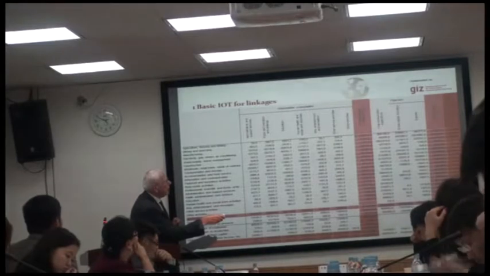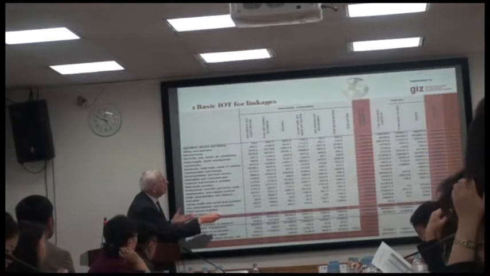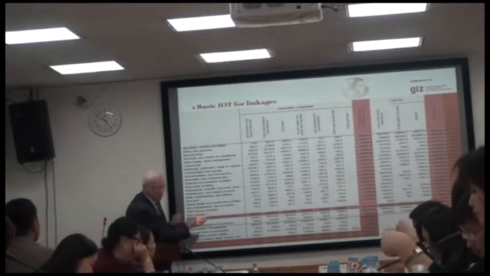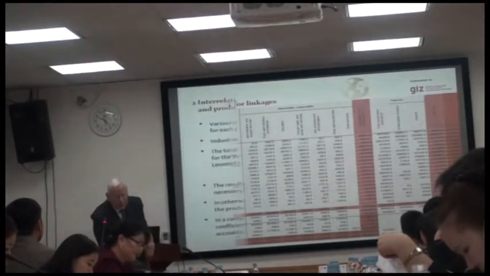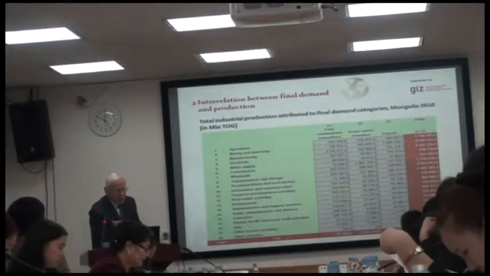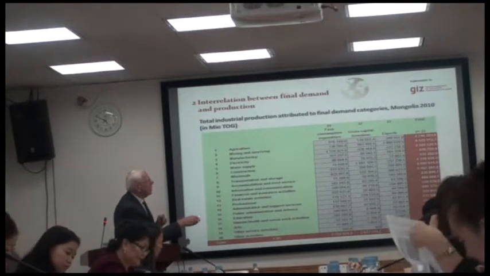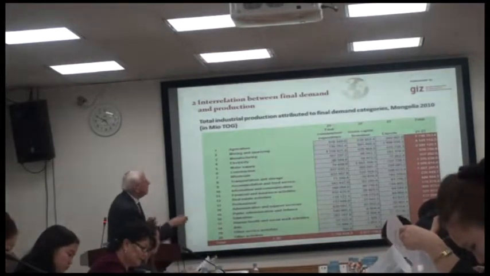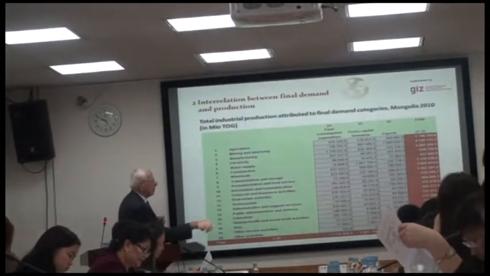So there is a difference. The direct final use, the direct final demand, final consumption from agriculture has a value of 369. The total, what is needed from agriculture to satisfy also the final consumption of other sectors will be 878. So these figures are always higher because all the intermediate outputs are attributed to the final demand.